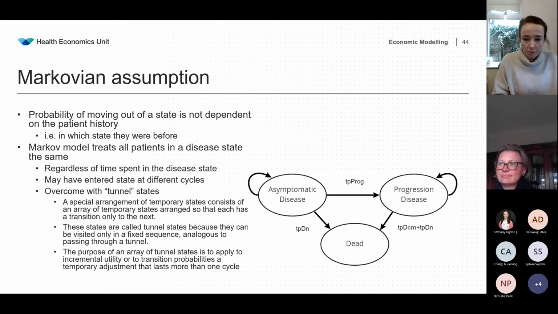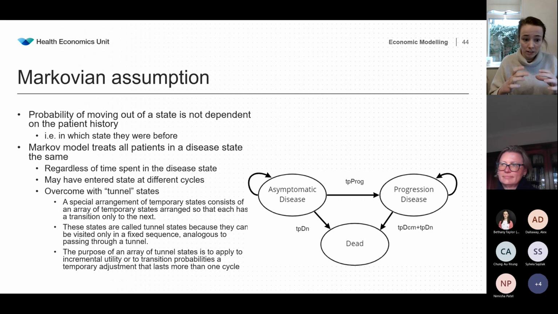But a basic assumption is the Markovian assumption, which says that the probability of moving out of a state is not dependent on a patient's history. It doesn't take into account anything about where the patient was before. It doesn't care if the patient has been in that progression state for a year, 5 years, 10 rounds, it doesn't matter.